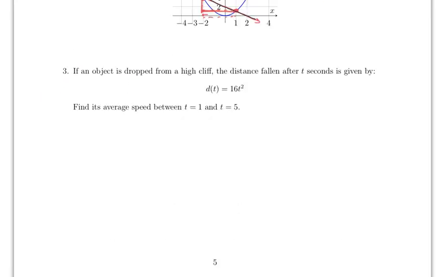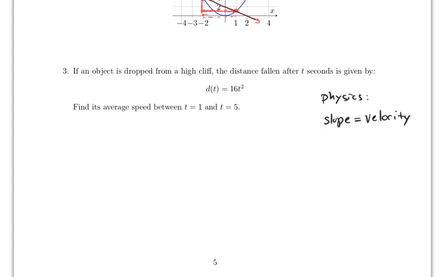The last question is asking you to find the average speed. By the way, there is a connection between slope and physics, because most of you, whether you're a STEM major or not, are going to have to take physics, and you're going to hear this all the time. In physics terminology, a slope and velocity are the same thing.